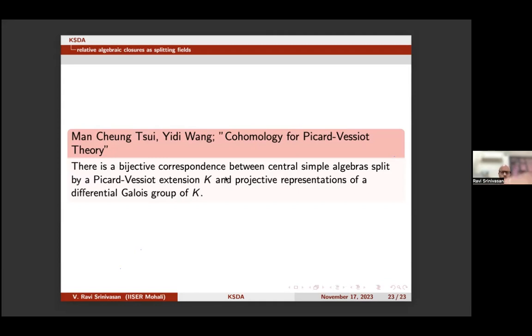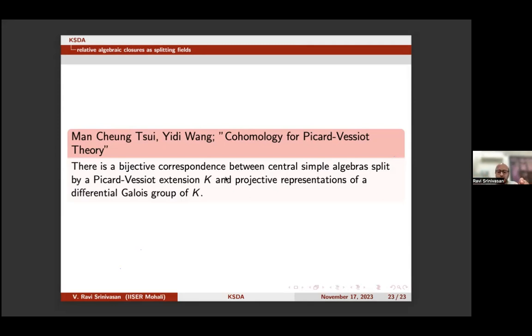should have some analog in this setup where we are looking at a central simple algebra, a differential central simple algebra, and thinking of it as a module, you take a Picard-Vessiot extension for that module.